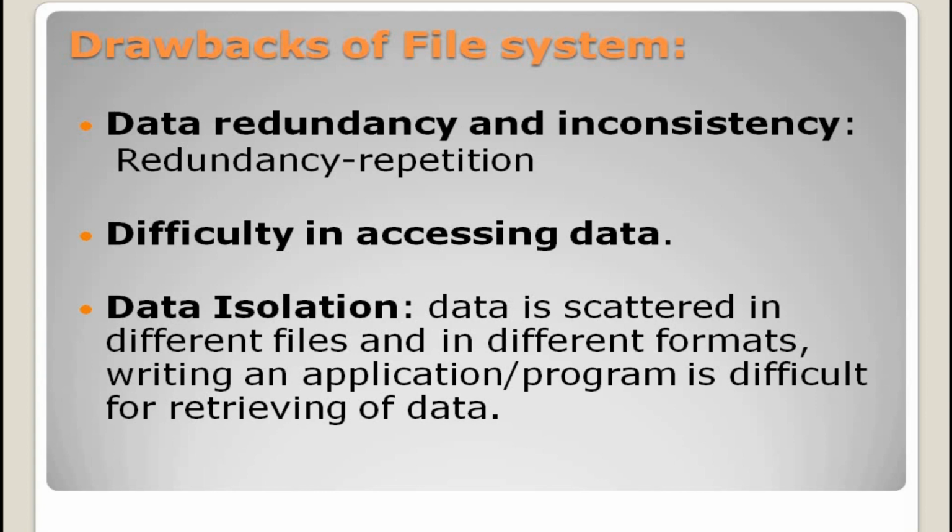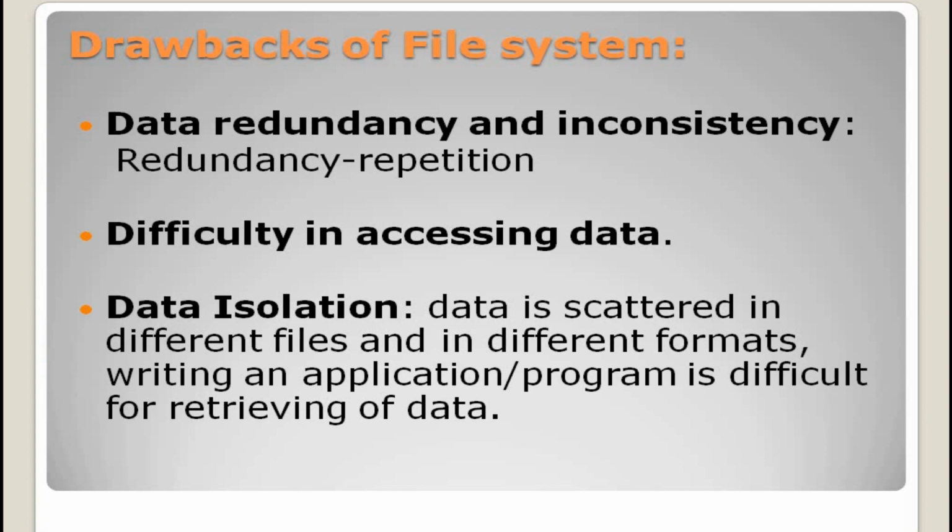Next one is data isolation. Let's suppose that I need to access data which is stored in multiple files. Suppose I want the personal details and the grades of the student simultaneously at one time, but they are stored in two separate files, one where the personal details of the student are stored, and a second where the academic record of the student is stored.